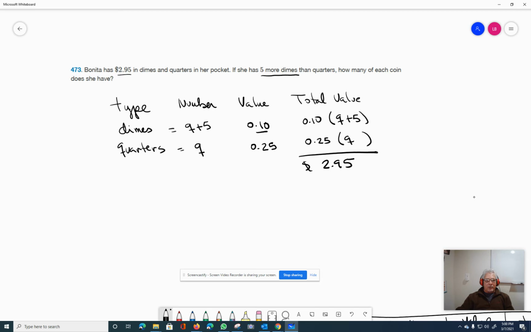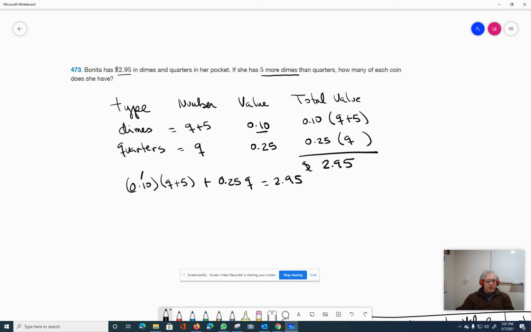Let's do the following. 0.10 multiplied by Q plus 5, plus 0.25 multiplied by Q, equal to 2.95.